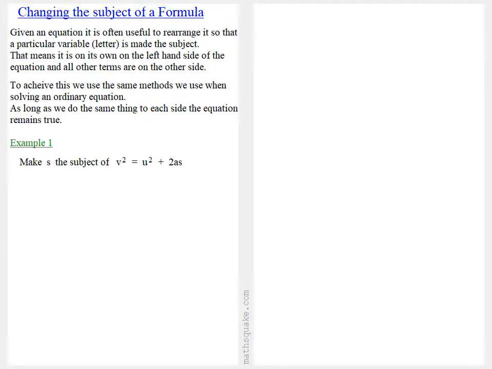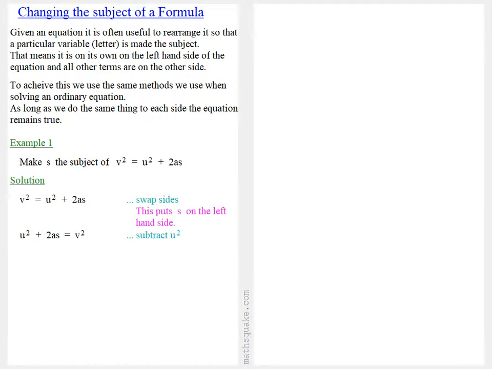Make s the subject of v squared equals u squared plus 2as. Now we start with v squared equals u squared plus 2as, and we swap the sides. This puts s on the left-hand side. That gives us u squared plus 2as equals v squared.